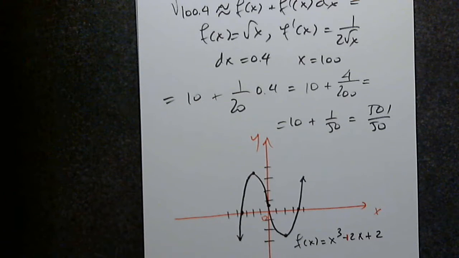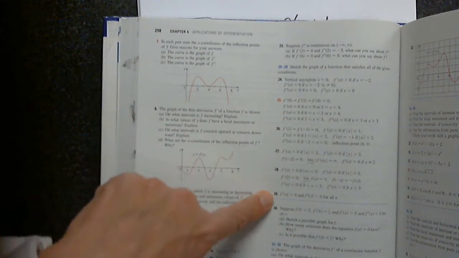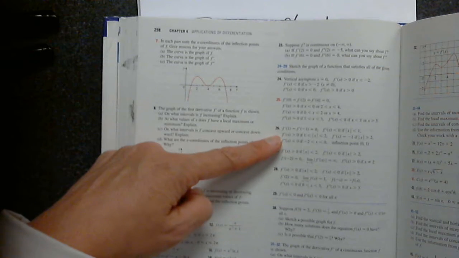Okay, so let's choose another example of a function that fulfills the given conditions. And then I would like to graph another function from scratch. So we did 26, correct?